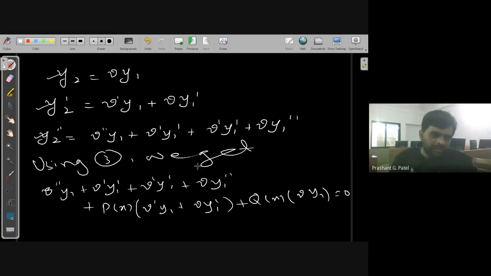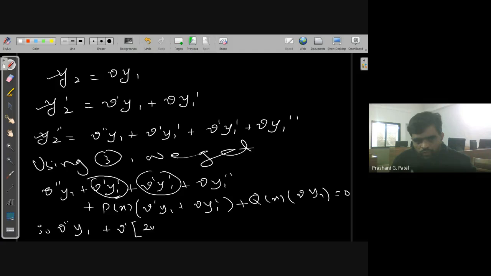Now let us rearrange this equation and write it in another form. This is v double dash y1 plus v dash times a coefficient: the terms containing v dash are 2 y1 dash, which comes twice, and y1 into p of x.